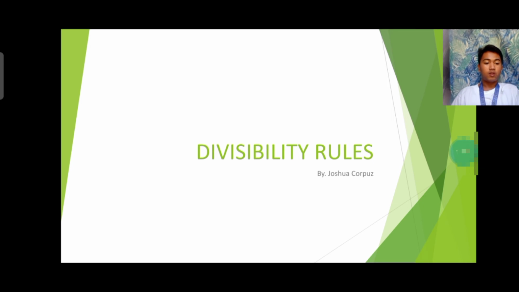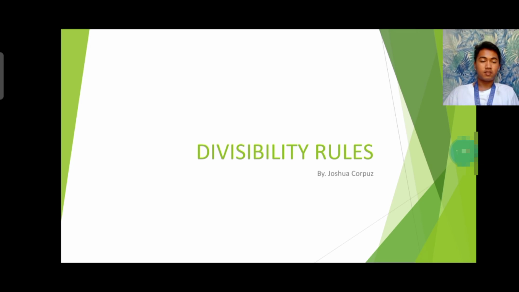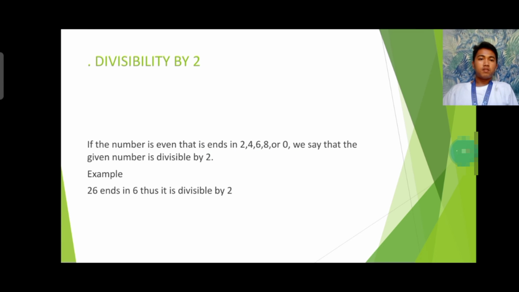Let us look at the different divisibility tests. Divisibility by 2. If the number is even, that is, it ends in 2, 4, 6, 8, or 0, we say that the given number is divisible by 2. Example, 26 ends in 6, thus it is divisible by 2.